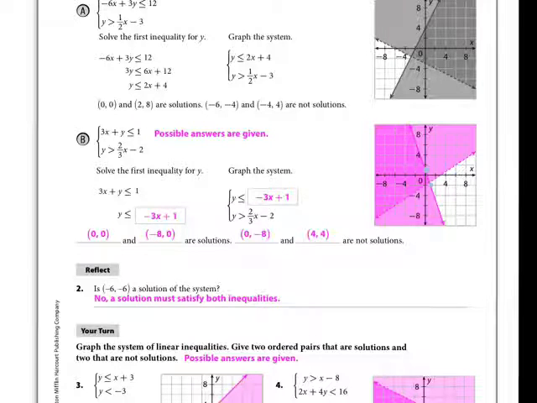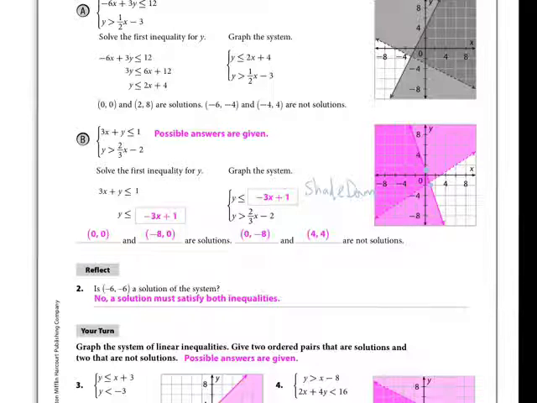When we connect those 2 points, the inequality is a solid line. So here's our solid line. And then we discussed how this was a less than, so we're going to shade down. So this one shades down.